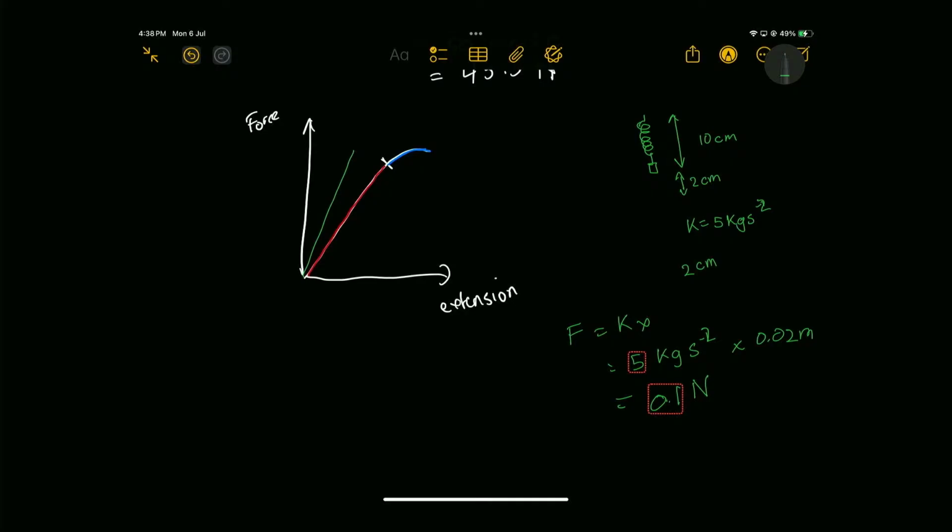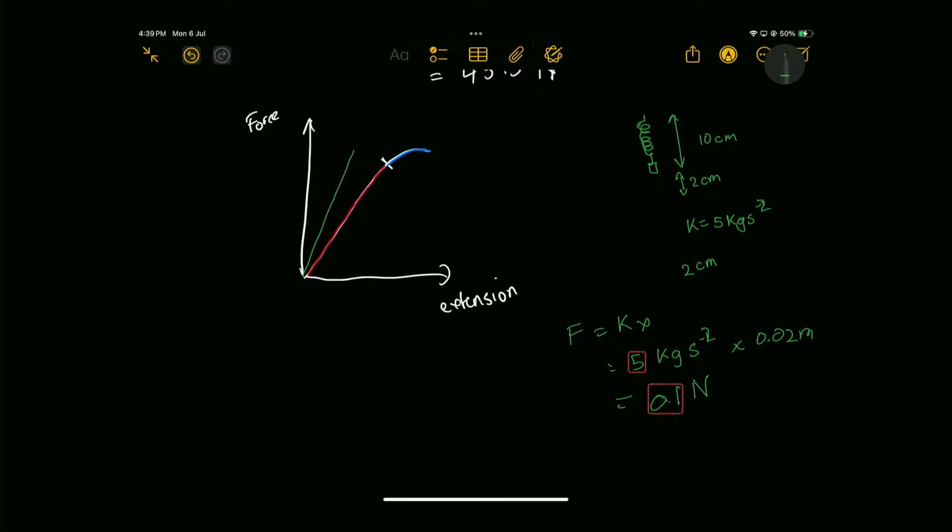When marking, for example, a calculation question, the first thing is the formula, right? You always need to have the formula. Then afterwards, correct substitution.